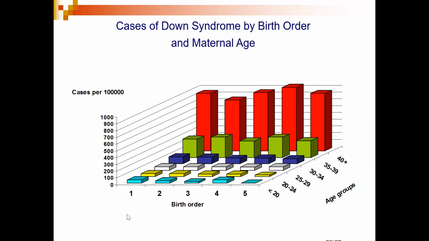So if the mother has a first child, second child, and third child, by the time they have a fifth child, age is also increasing. In this case, birth order is like a confounder in this relationship. What really determines the number of cases?